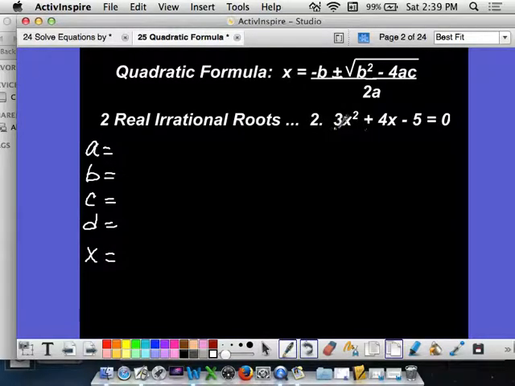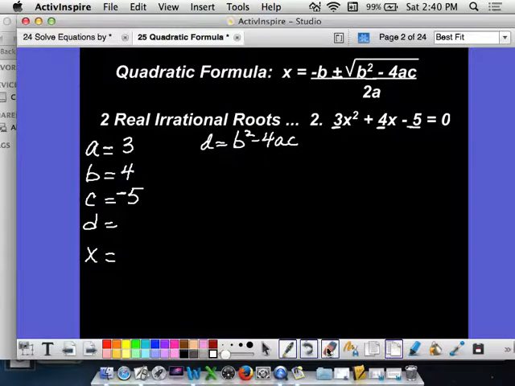So I'm looking here, fortunately it's already set equal to 0 and in decreasing power. So here's A, here's B, and here's C. A is 3, B is 4, C is -5, and I want to find the discriminant. The discriminant is B squared minus 4AC.